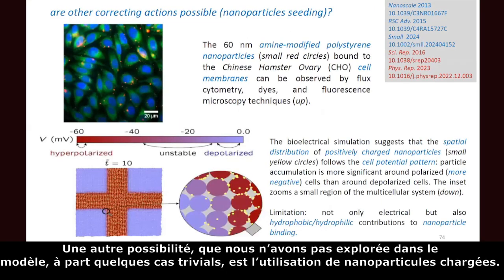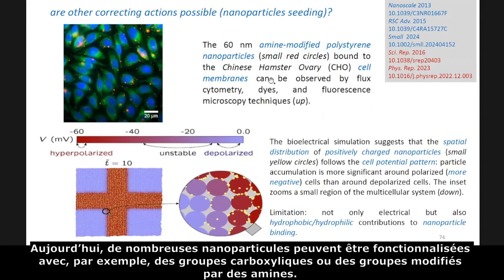Another possibility which has not been explored by us in the model, except for some trivial case, is the possibility of using charged nanoparticles. Many nanoparticles can nowadays be functionalized with, for instance, carboxylic acid groups or amino modified groups.